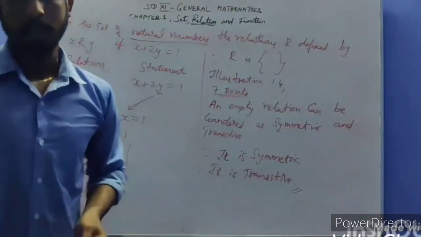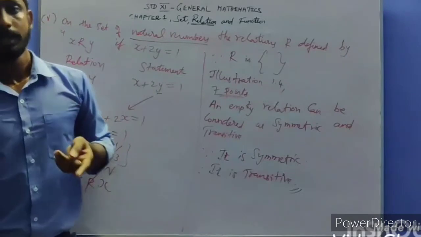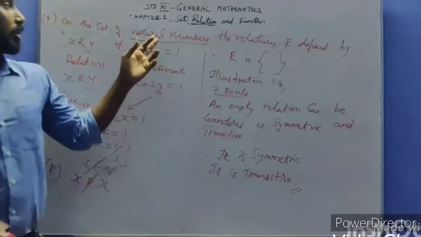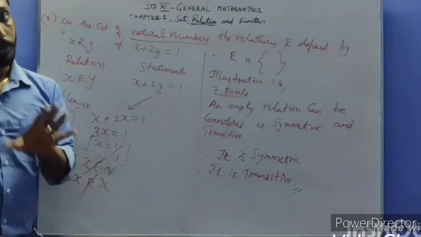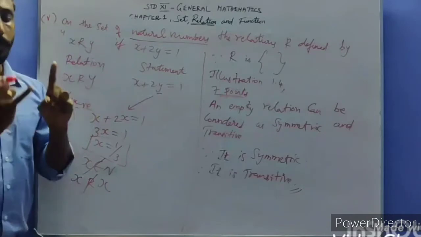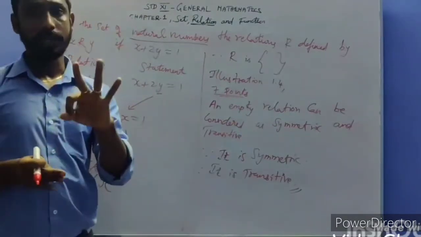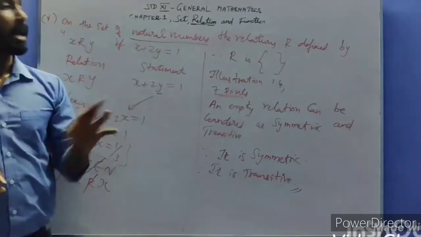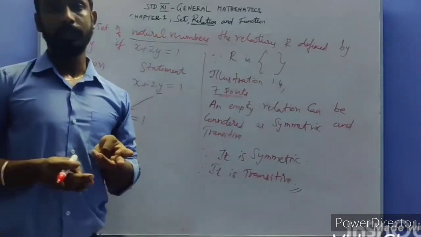I think it is easy for you. Next class we will see the next related sums. Today you have to understand first the conditions: what is meant by reflexive, symmetric, transitive? If you observe the three conditions, the sums will be easy for you. Okay, next class we will see, children.